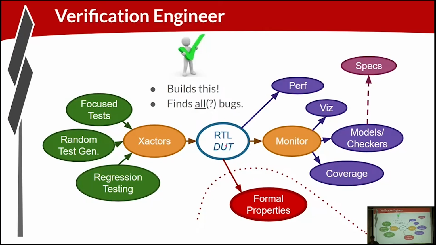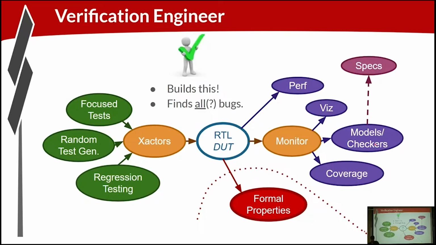On the other side of the RTL model, you are checking the outputs to make sure they're correct. So you need to monitor the outputs. The monitor is basically like in the opposite direction. It's taking the pin level details and up leveling that in some fashion. Other tools connect at the interpretation of the output signals.